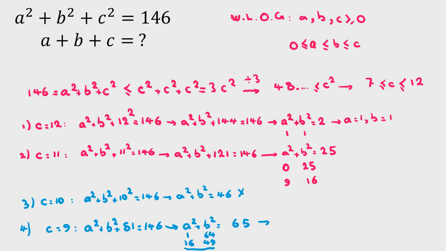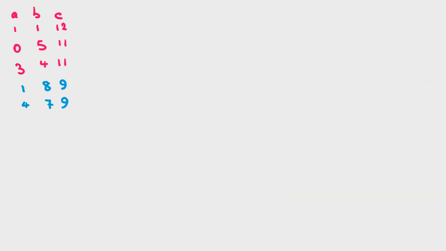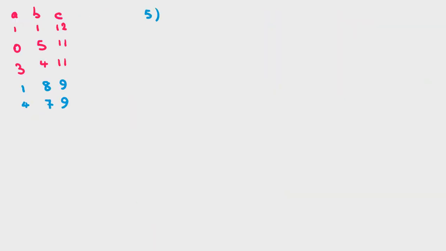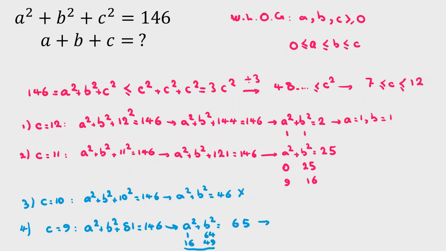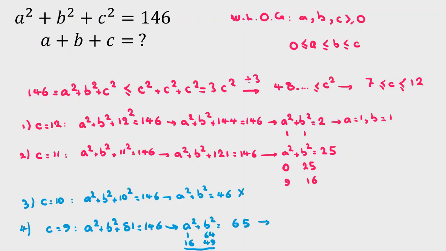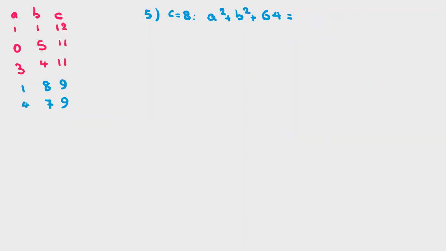Now we've checked C equal to 9; C equal to 8 and C equal to 7 are left. If C is 8, let's see the fifth case. So A squared plus B squared plus 8 squared, which is 64, equal to 146.